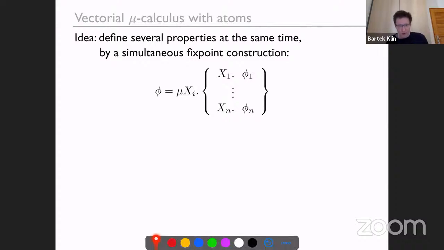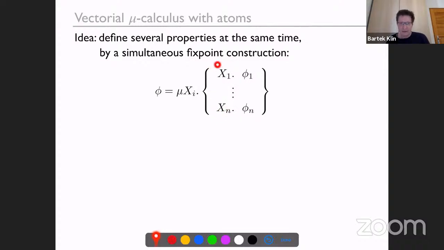These formulas can refer to all of them, and then you choose one of them, and that's the semantics of your formula phi. So this is the vectorial calculus. In the classical case, the vectorial calculus is expressively equivalent to the standard one. It is important, but it's not as important as it could be as a variant of the μ-calculus.